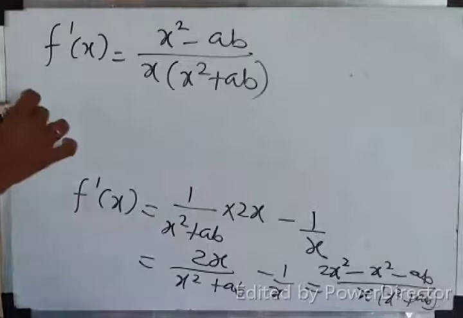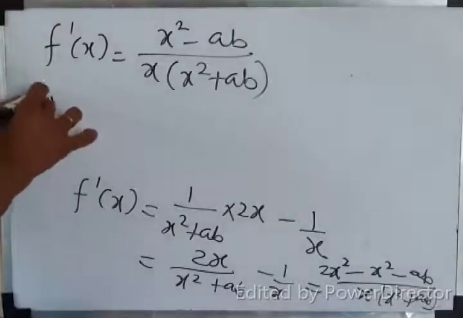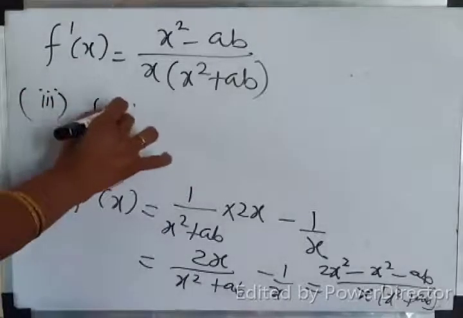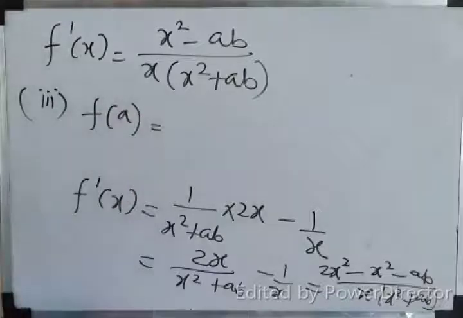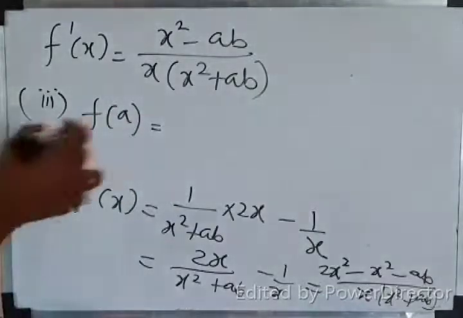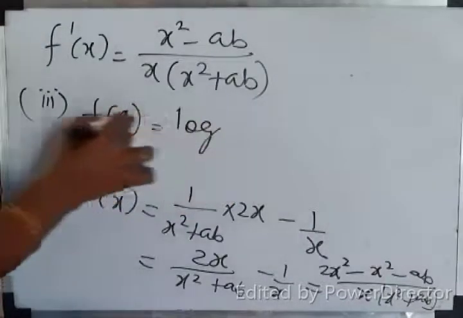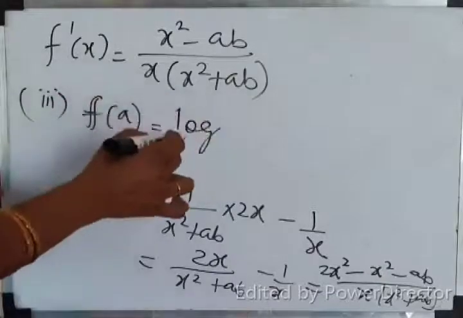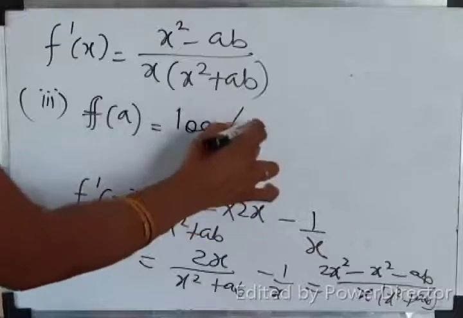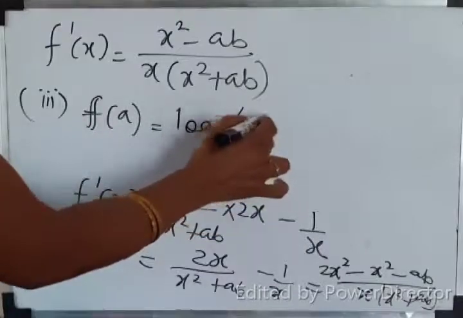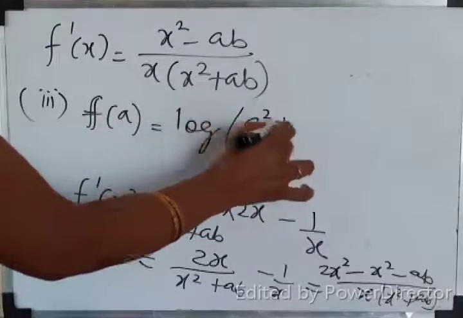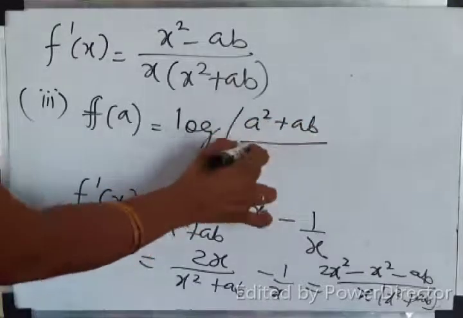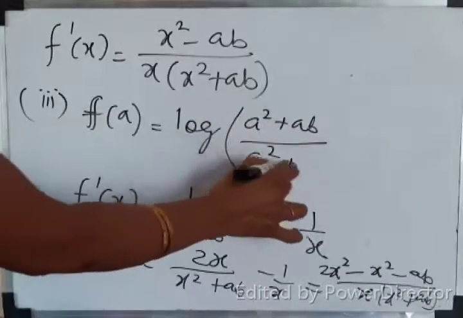Okay, fine. Then, what is my third point? f of a. Here a only. So, f of a, substitute in the question, isn't it? Now what is my question? Log of x squared plus ab by x. So, log of a squared plus ab by a squared plus ab.